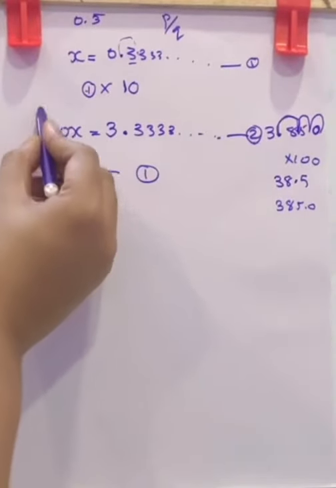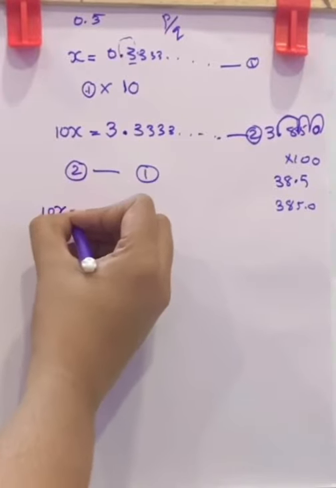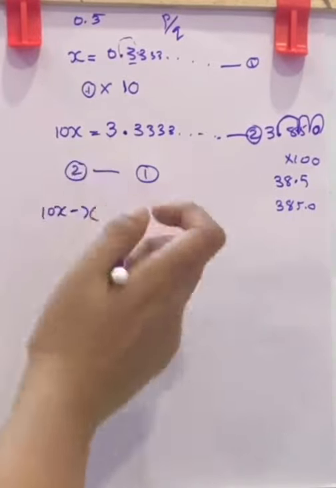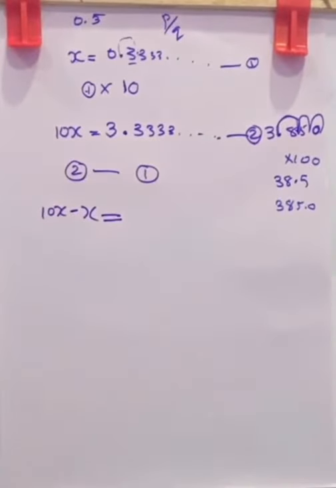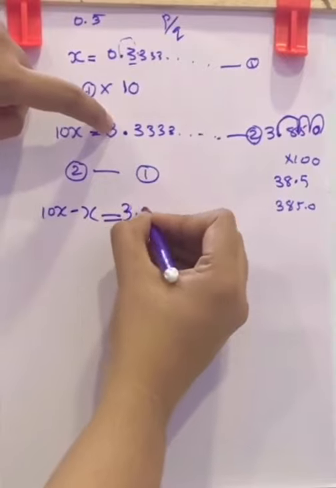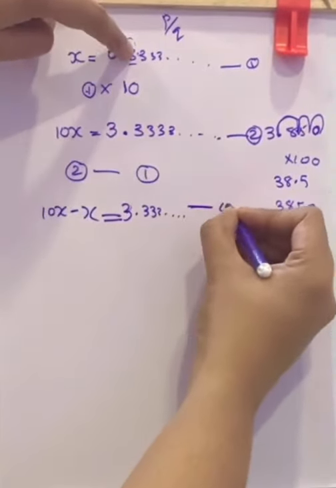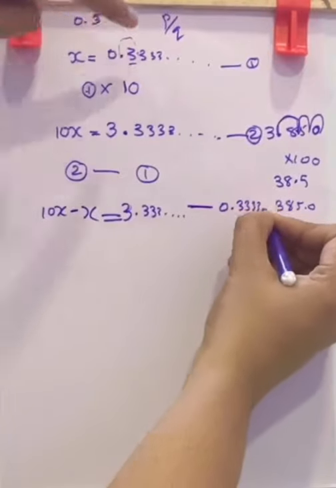On the left hand side, LHS, 10x minus x is equal to 3.333 etc. minus 0.333 etc.